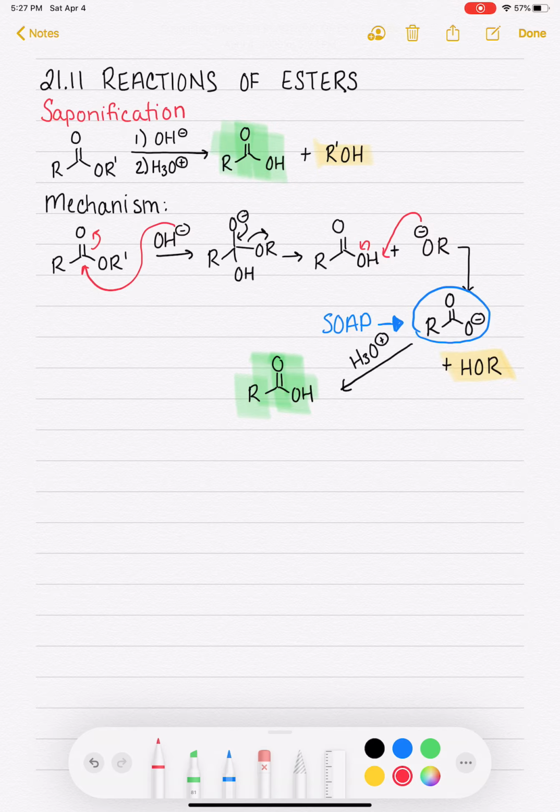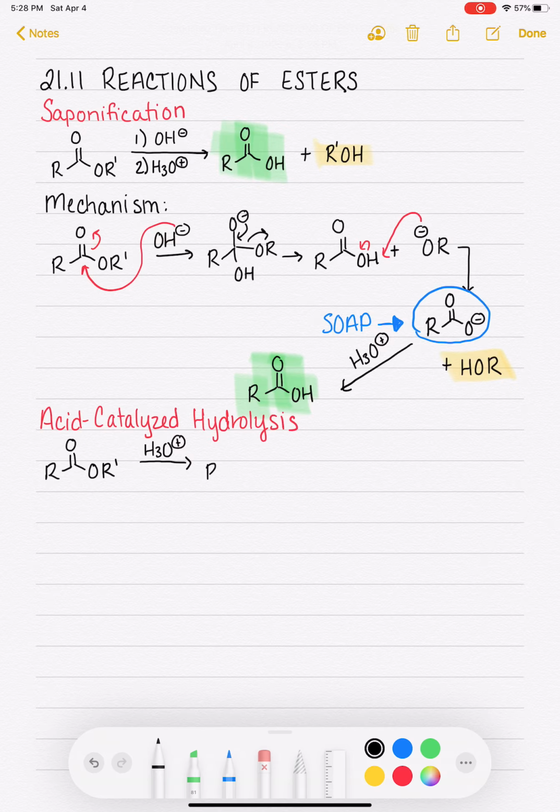The rest of them are pretty much repeats of the stuff we've already seen. We have acid catalyzed hydrolysis, which is ultimately giving us the same product as the saponification reaction. We're just doing it with different conditions. So we're taking our ester, we're reacting it with H3O+, doesn't really matter what the acid is, and it is turning it into a carboxylic acid.